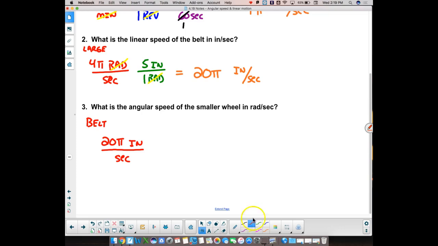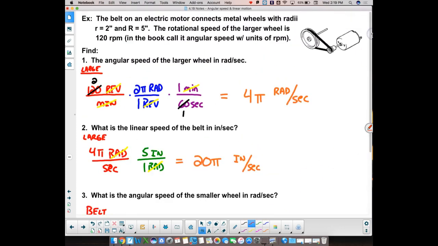The radius of the smaller wheel was 2 inches.